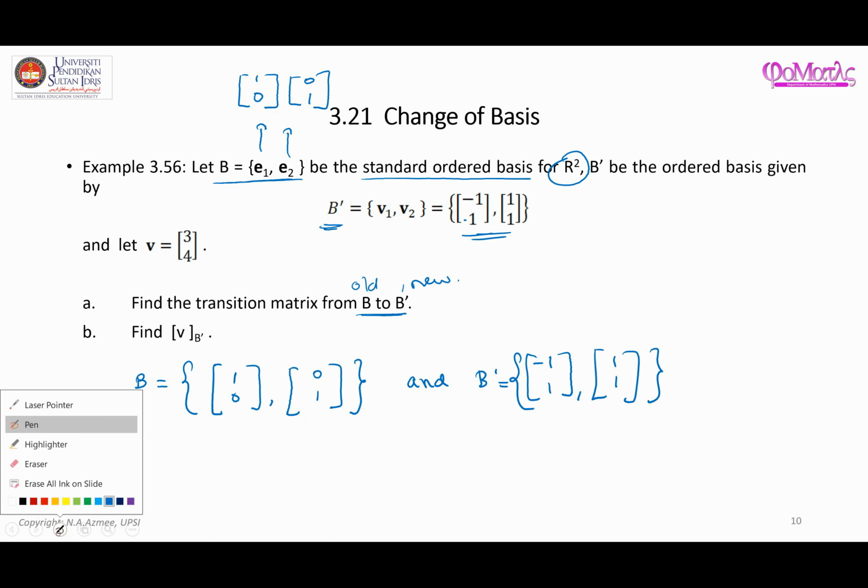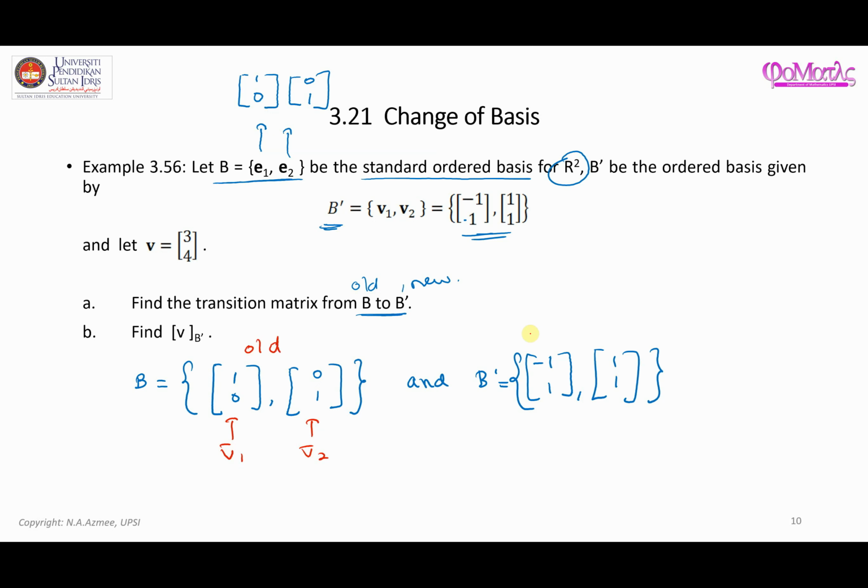I'm going to follow the notation given in the procedure, and therefore I'm going to call this the first vector, vector 1 from the old basis. This is vector 2. Since I know that this is old and this is new, my first step is to come up with the linear combination of these two vectors.